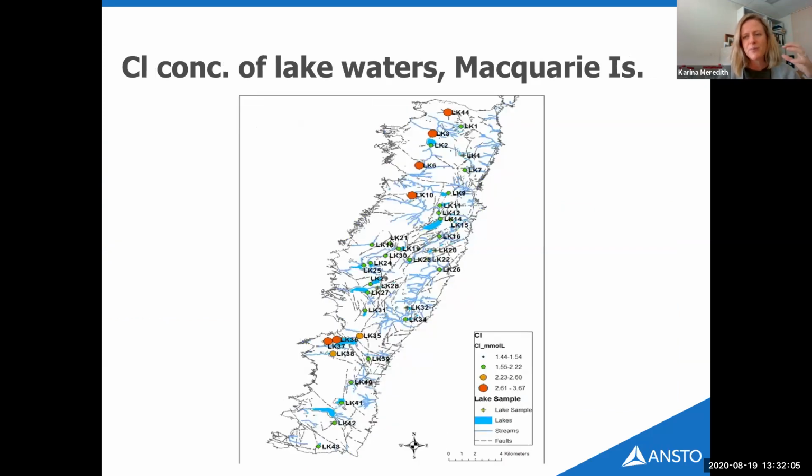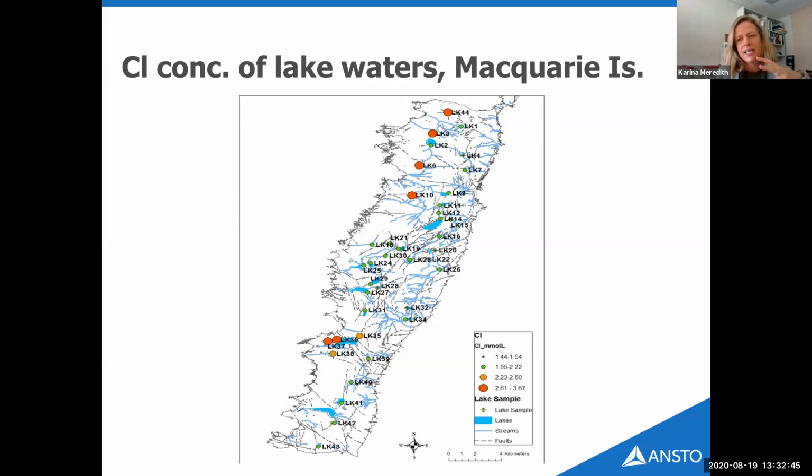So one of the aims of our project 2 years ago was to collect some samples from across Macquarie Island and apply these isotopic tracers to understand the modern environmental conditions that are acting on these lake systems. So here is a spatial distribution map of basic chloride concentration for Macquarie Island. So we did 40 samples from these lakes, and the red dot is showing the higher chloride concentration, and as we can see, it's actually spatially quite varied.